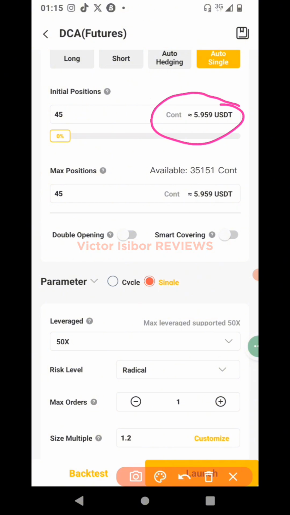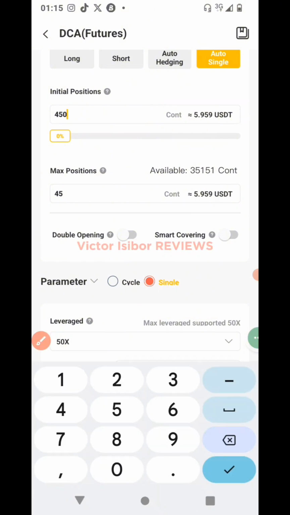So let me edit the number in initial position by increasing it to see whether I can achieve 250 in contract. Okay, 4,005 is showing me 595, so I'm going to go for 2,200. Let me see what 2,200 will show. I'm looking for 250 here, so let me go for 2,000. 2,000 is showing 264. Let me go for 1,750. It's showing 231. I need to increase it to 1,850. 245.